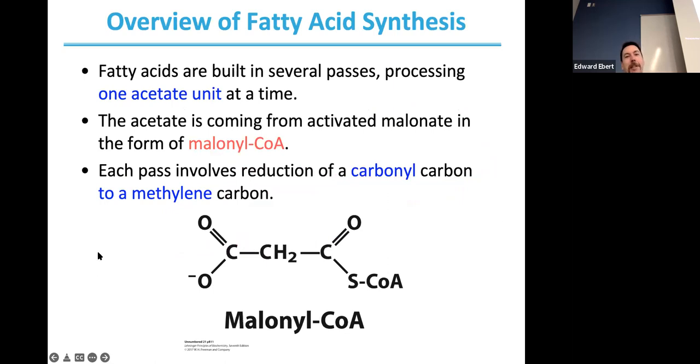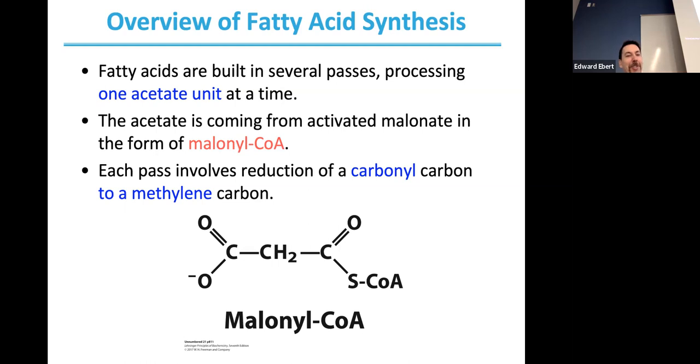Okay. So how do we build fatty acids? Well, just like when we oxidize them, we cleave off 2 carbons at a time, make our acetyl-CoA. We're basically going to build them 2 carbons at a time with 1 acetate unit. However, we aren't just going to take the acetate unit from acetyl-CoA and pass it on to another one to go 4x4.